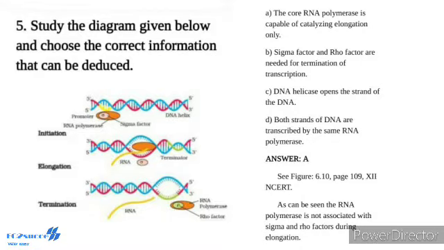Question number 5. Study the diagram given below and choose the correct information that can be deduced. Shown in the diagram is the process of transcription in bacteria. In bacteria, there are three major types of RNAs: mRNA, that is messenger RNA, tRNA, that is transfer RNA, and rRNA, that is ribosomal RNA.